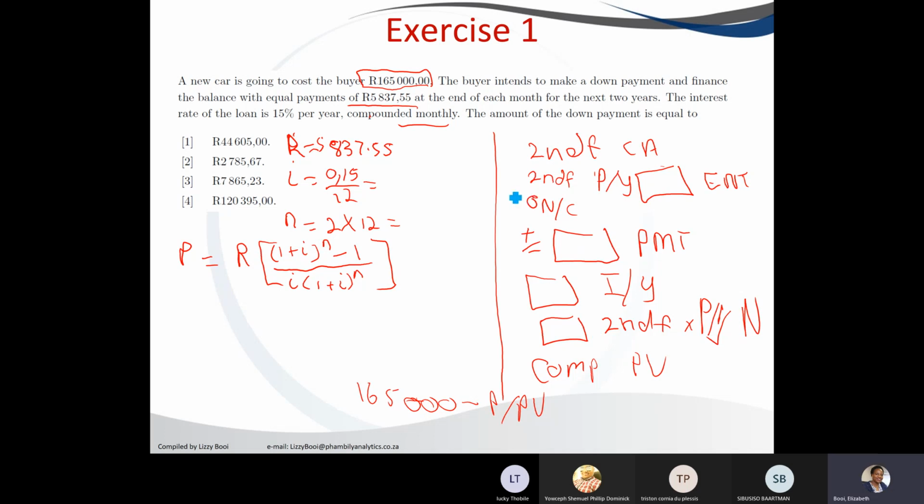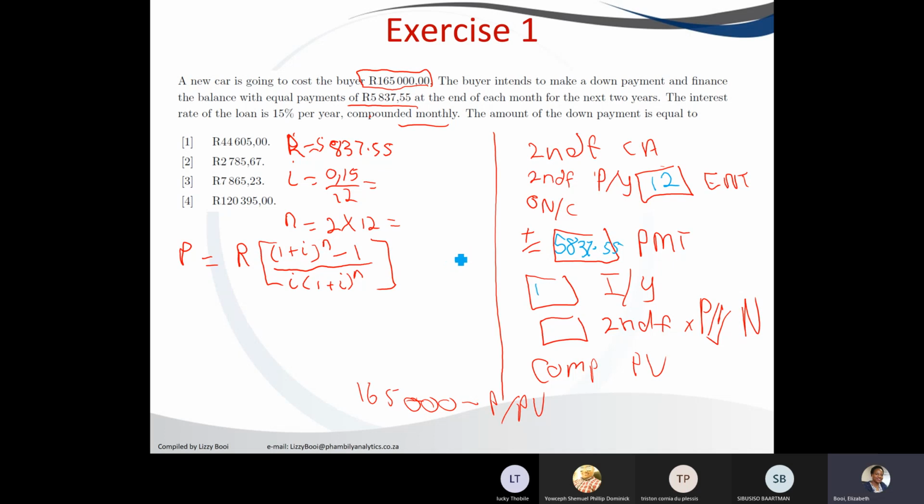For those who are using a financial calculator, it's easy to do. It is compounded monthly, so there will be 12. For the payment, when we press plus or minus, we use 5,837.55.